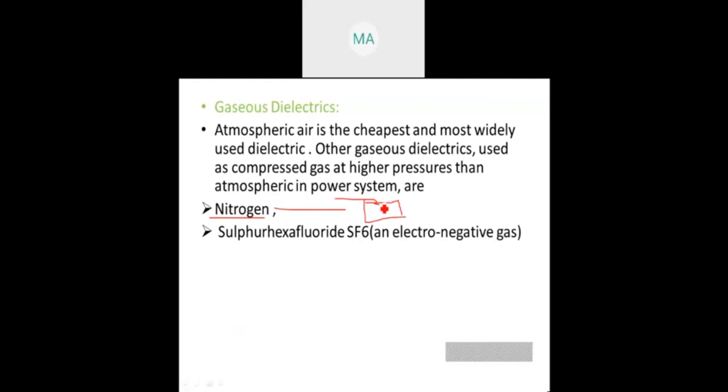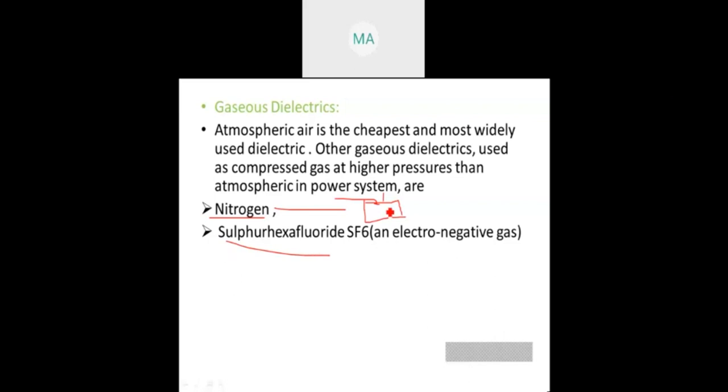So if we come to nitrogen, if we take a pure conductor and pour pure nitrogen, the liquid form of nitrogen, on the conductor, what will happen?